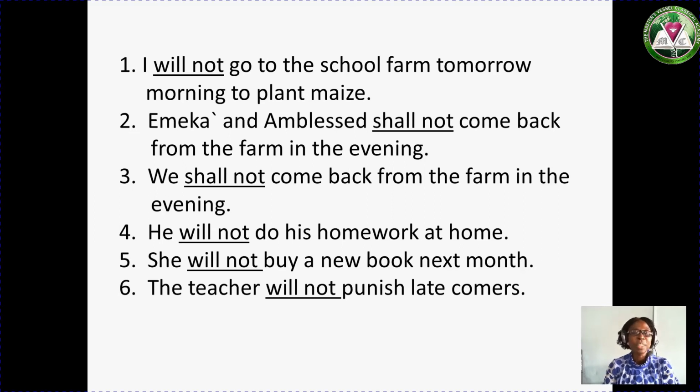Number 2, Emeka and I'm blessed shall not come back from the farm in the evening. If you look at the first sentence, you add not in order to change it to negative, and that not will not come any other place. It will come immediately after the modal verb will. I hope you are with me.